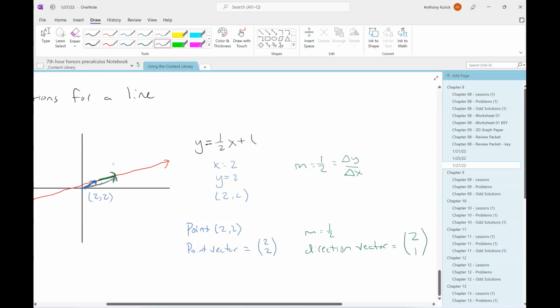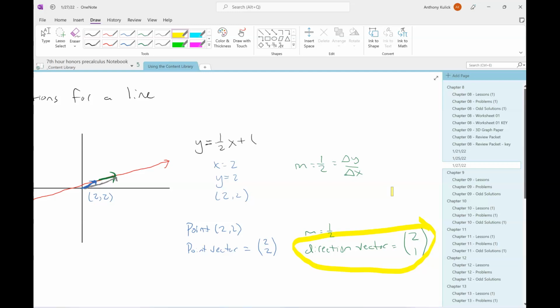Now, for this to be a vector equation of a line, it has to be able to generate every point on this line. So I'm going to need something a little bit more than just the point vector and the direction vector. I need to be able to scale that direction vector to make it as long as I want.